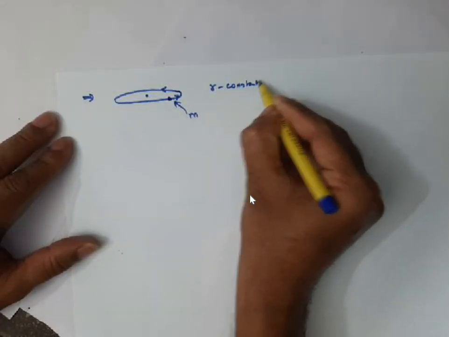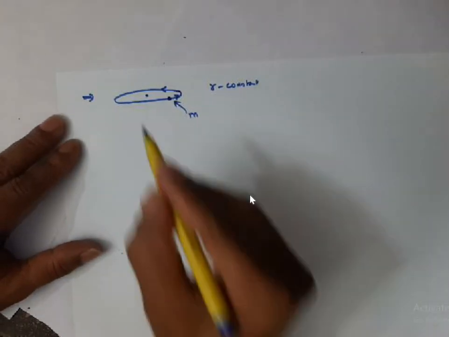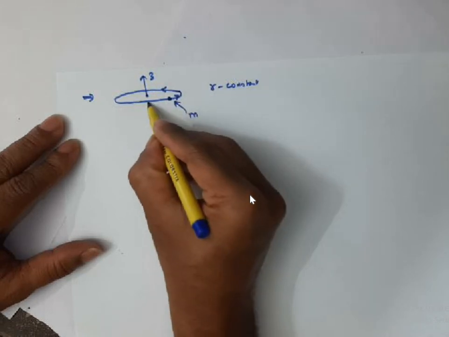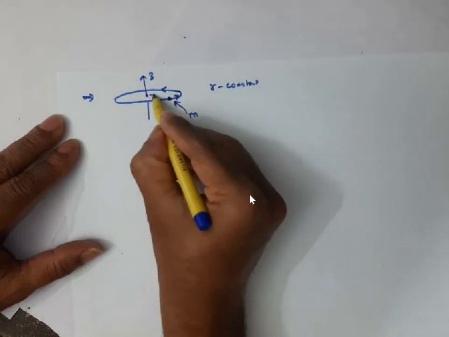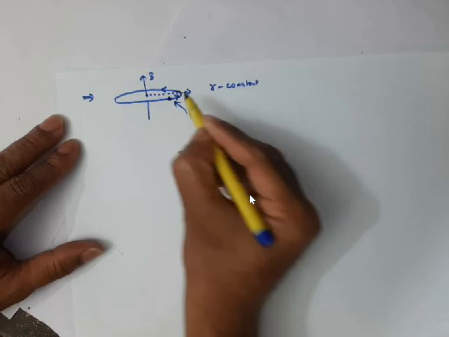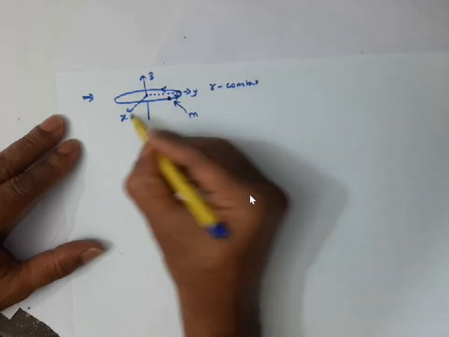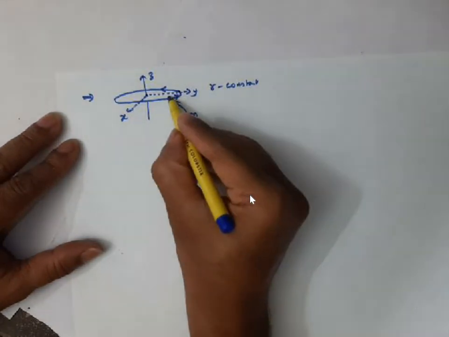Here, listen, I'll take this axis as z axis. This is my z axis, and let us take this as y, and this as the x axis.